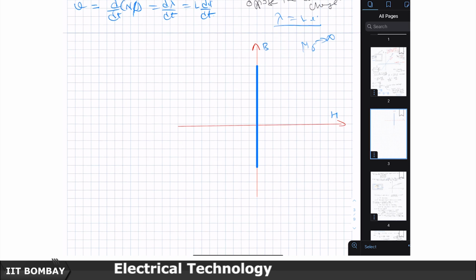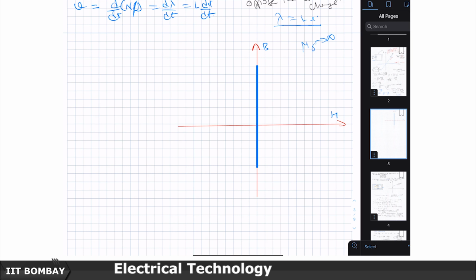Understand that this is just a conceptual idealization of some ferrite core which is linear in nature, but in actual practice it will not be such.